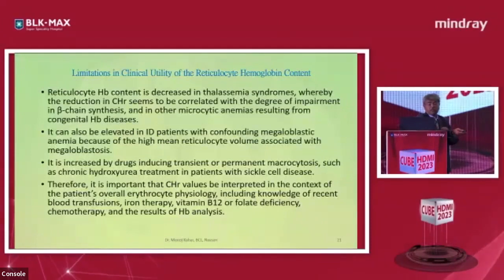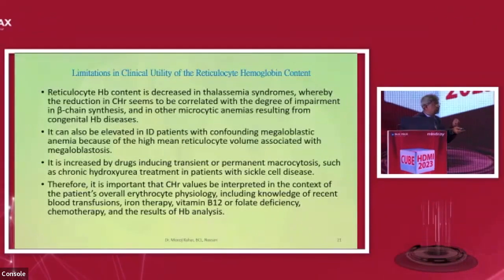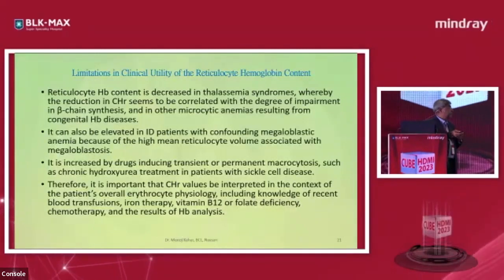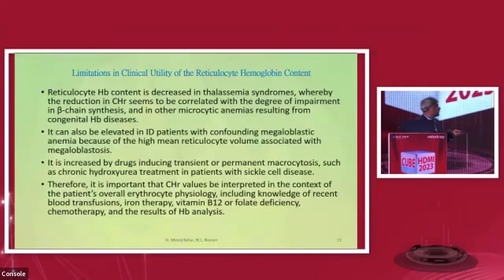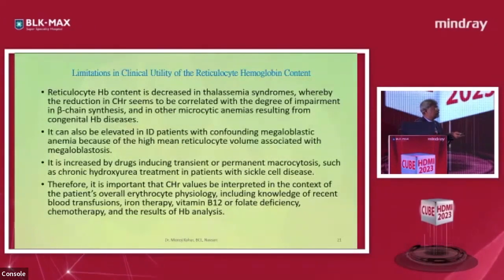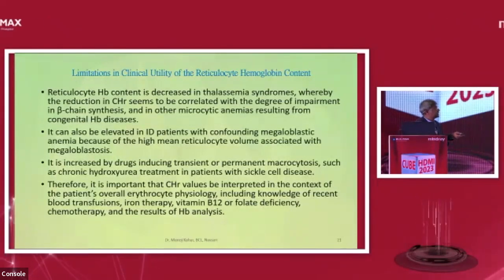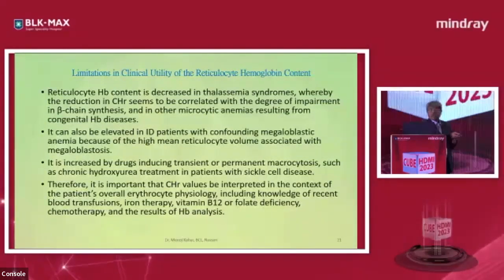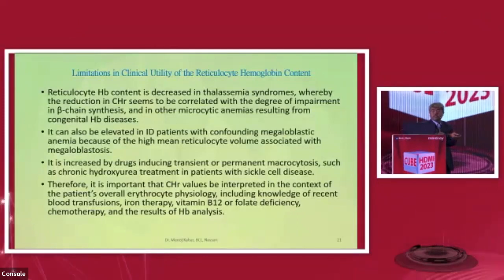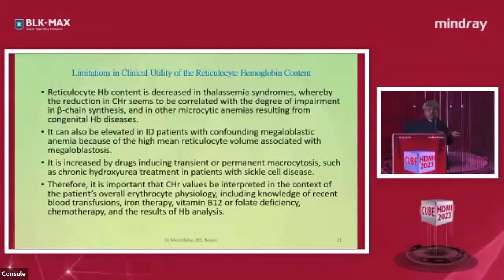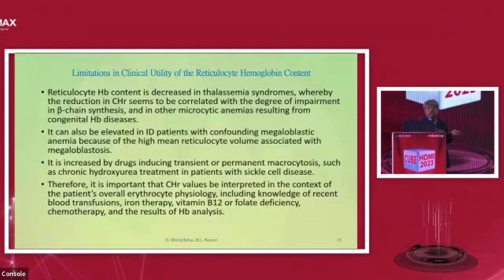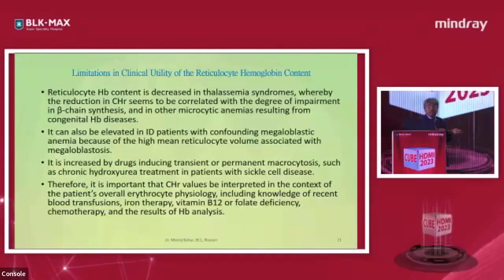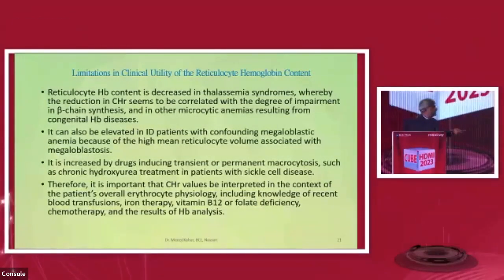So when you have a combination of iron deficiency as well as megaloblastic anemia, this particular parameter will be not of much use. Then your reticulocyte hemoglobin content is increased by drugs causing transient or permanent macrocytosis, such as chronic hydroxyurea treatment in patients with sickle cell disease. And therefore, when you are going to use the CHR value, it must be interpreted in context of the patient's overall erythrocyte physiology, including knowledge of recent blood transfusion, iron therapy, vitamin B12 or folate deficiency, chemotherapy, and results of hemoglobin analysis.